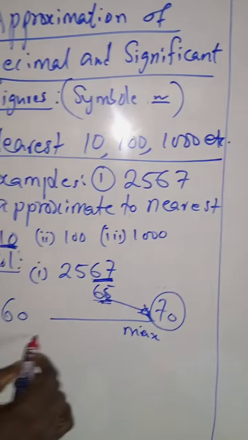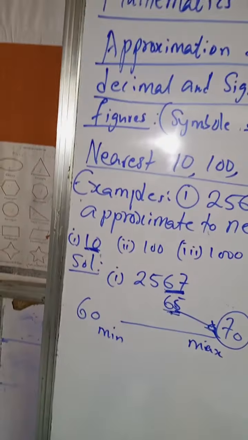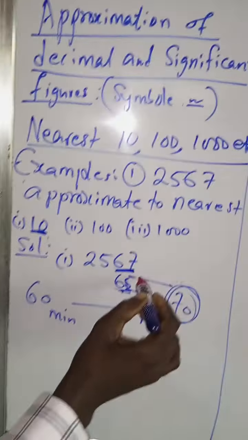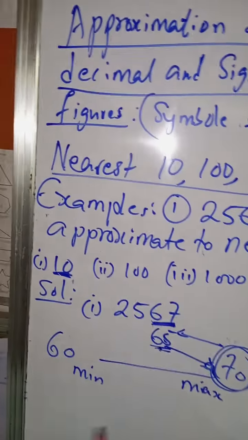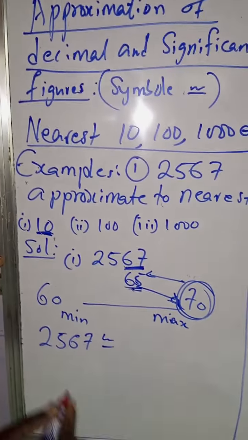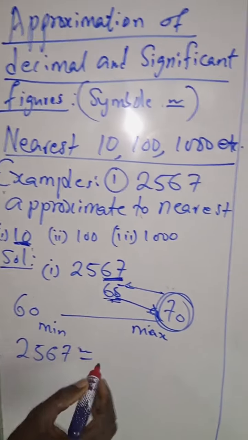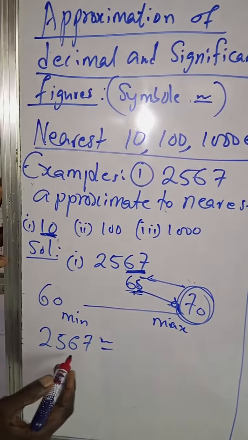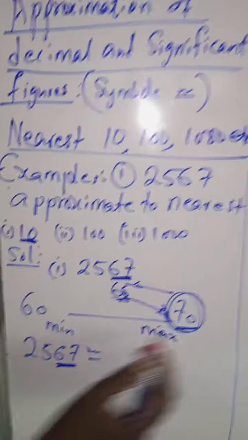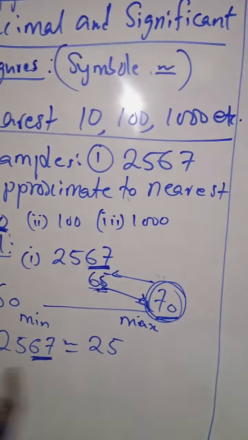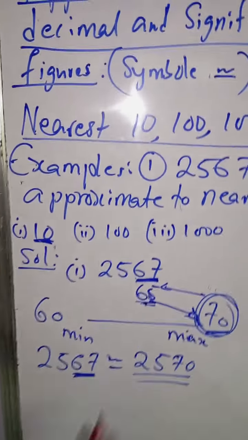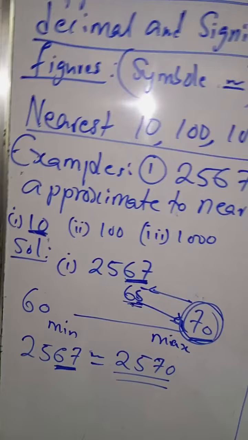If it's not up to the middle, I move to the minimum. Now I use the maximum to replace that 67. So 2,567 is approximately equal to 2,570. This is nearest 10.